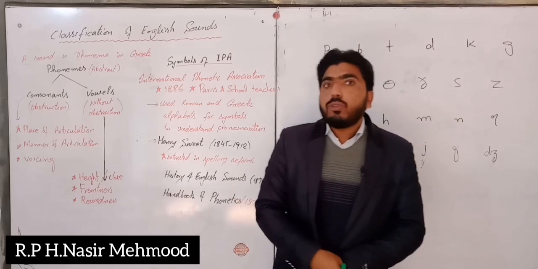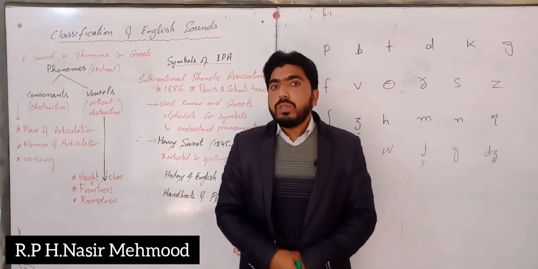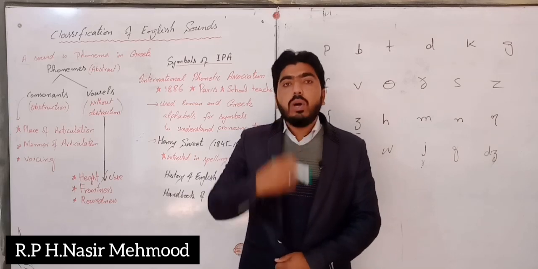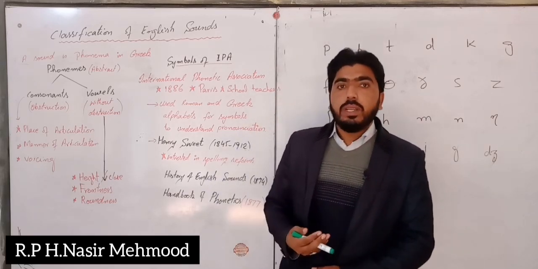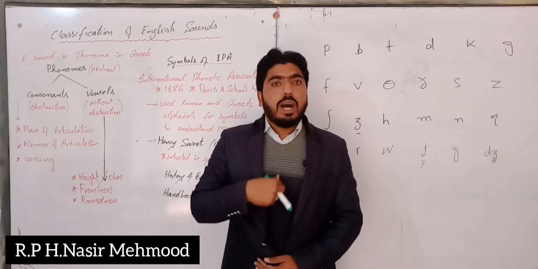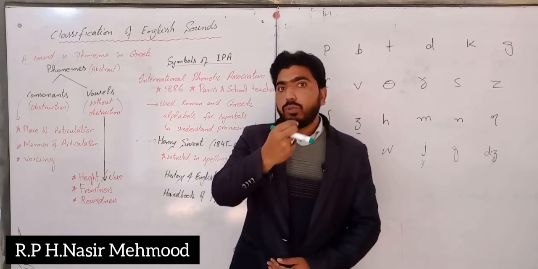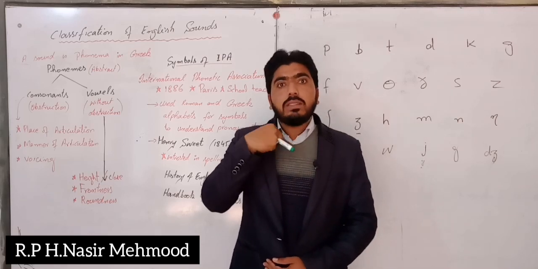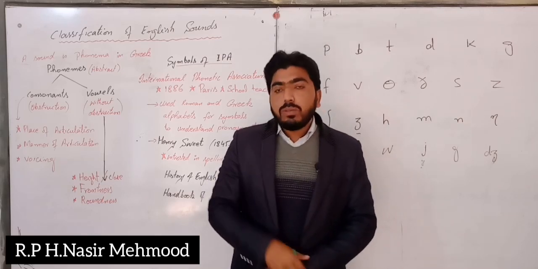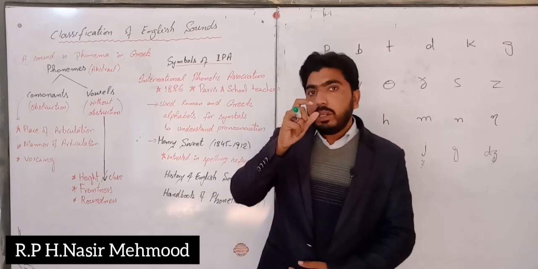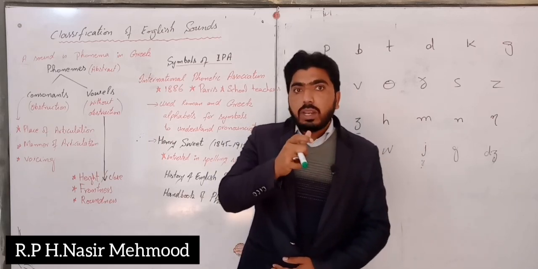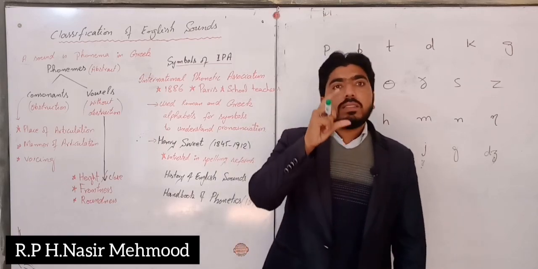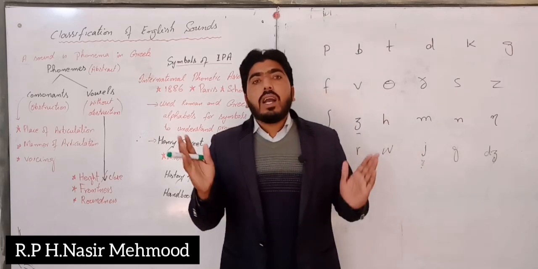Consonants are those sounds which are produced with partial or full obstruction in the vocal tract. What does it mean? It means the air which comes out of the lungs and passes through the mouth, when it is about to escape from the mouth, there is some sort of closure. Closure means restriction, obstacle, hurdle. When speech organs come into contact, a closure is made.